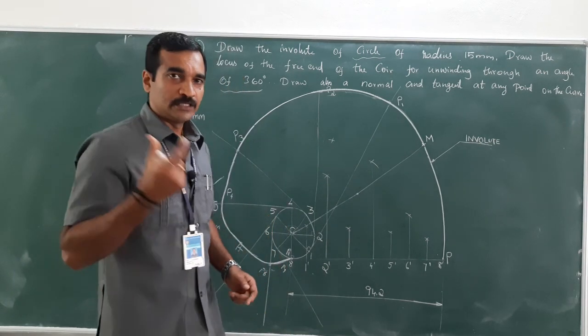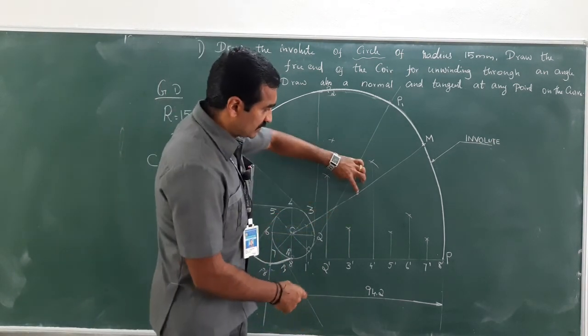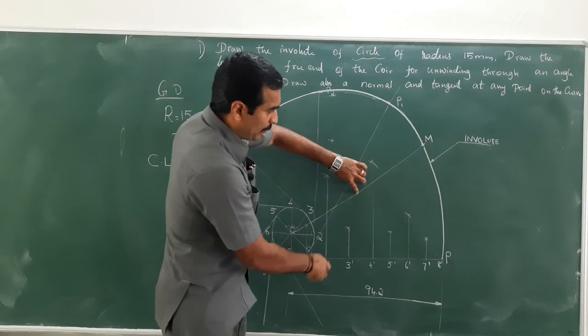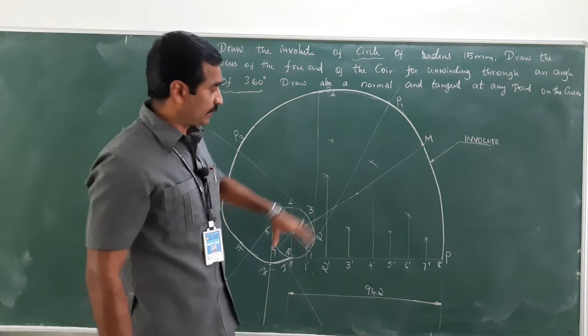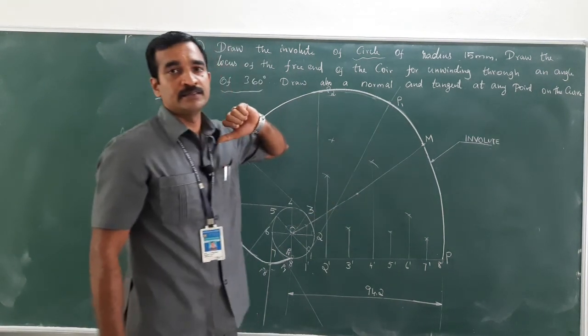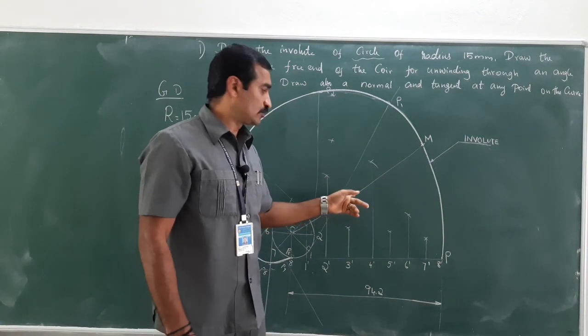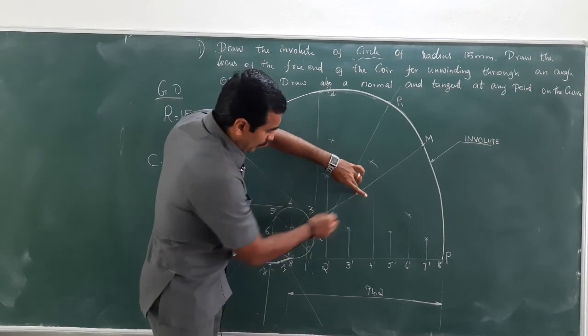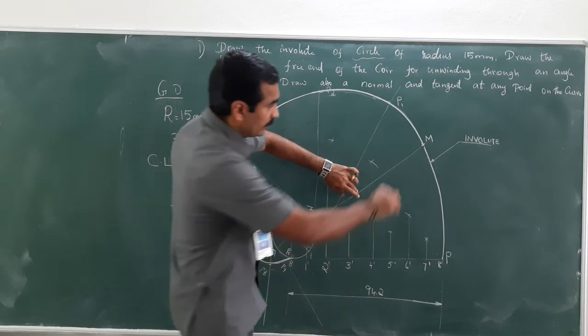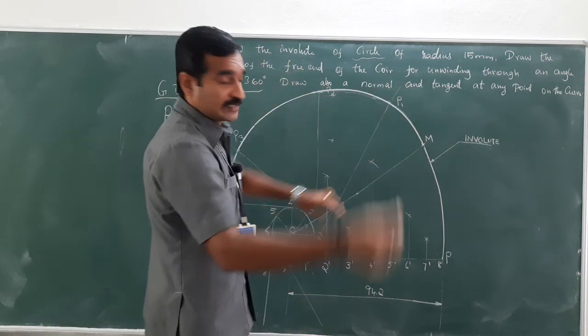Now take your compass from C to this point, midpoint to C or midpoint to M. This is one and the same, right? This distance and this distance are equal because I have chosen the midpoint here. Stretching your compass from midpoint to the C and draw a semicircle.